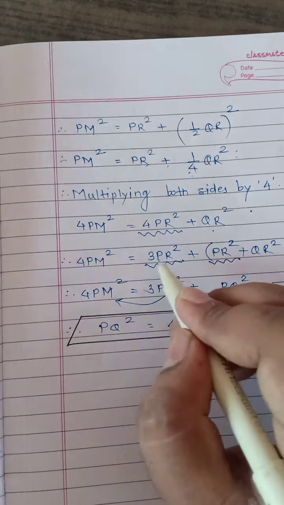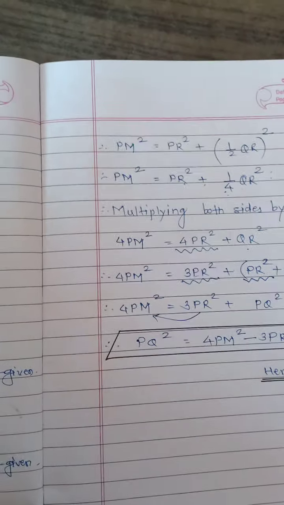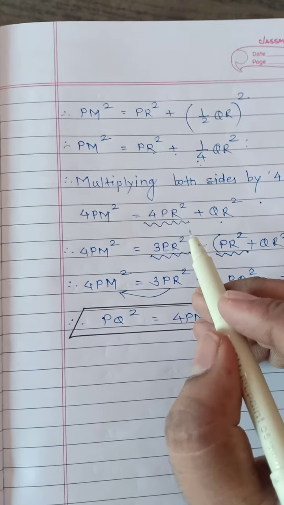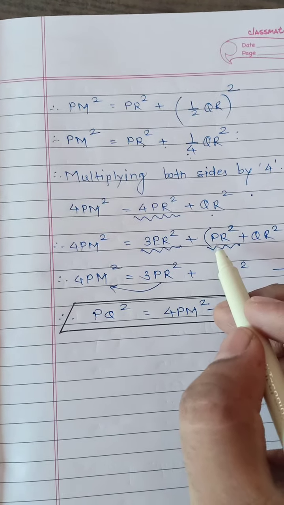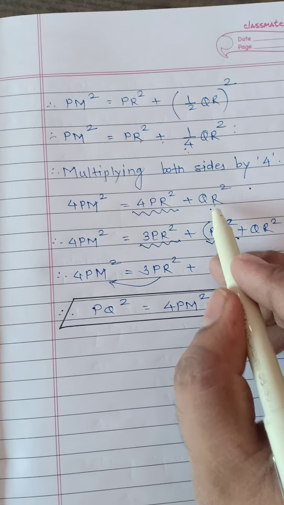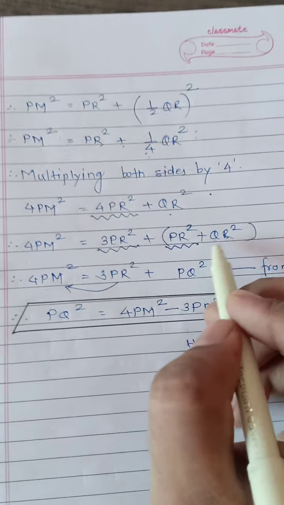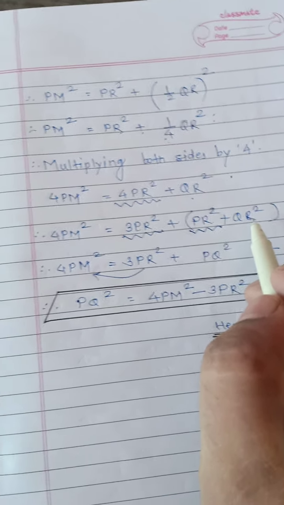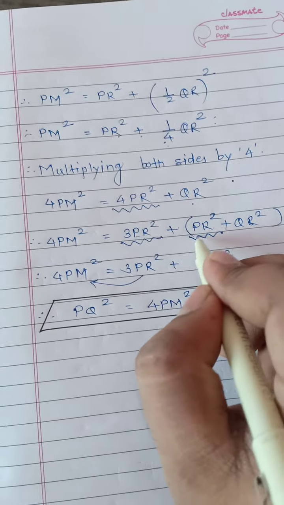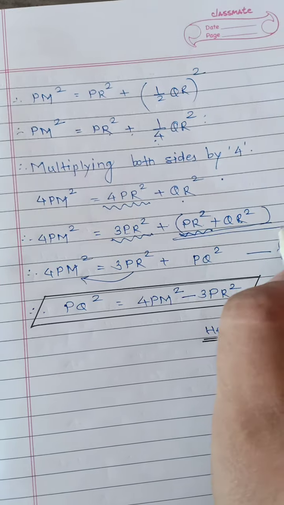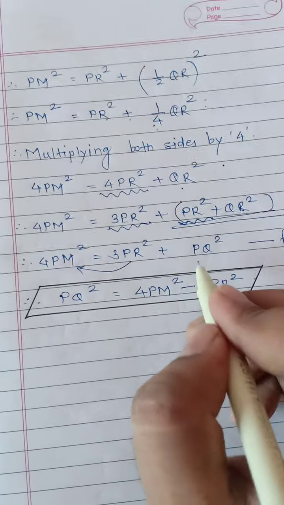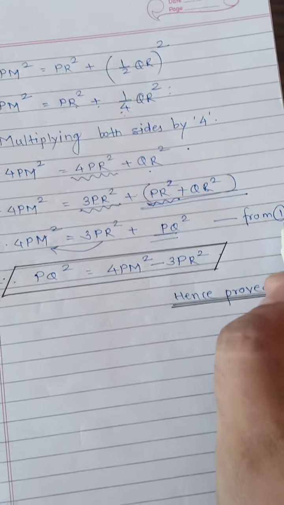Okay, because addition of these two again will give us 4 PR square. So this 1 PR square I will combine with this QR square. So write both the terms in bracket, PR square plus QR square. Now this bracket PR square plus QR square is nothing but PQ square from equation 1.